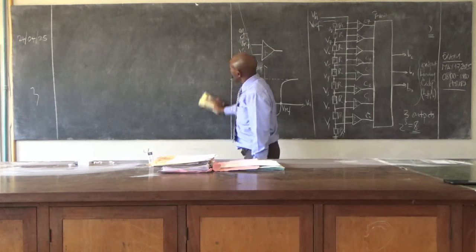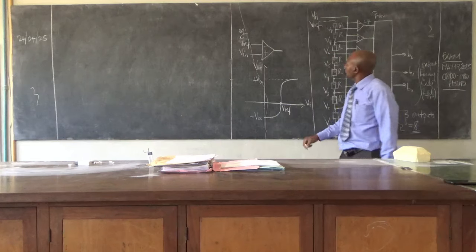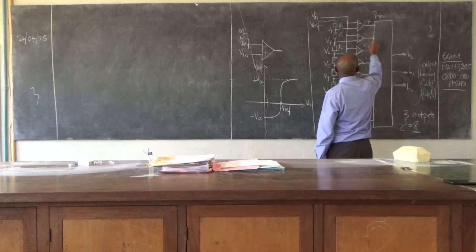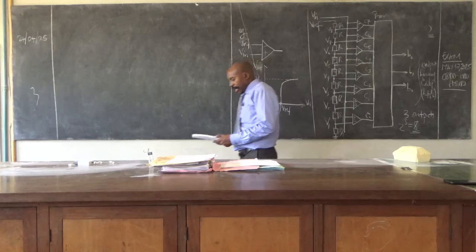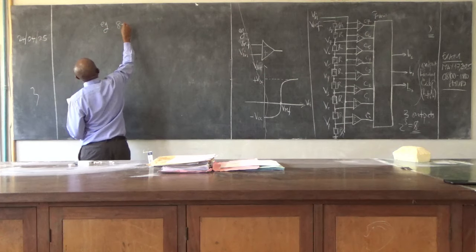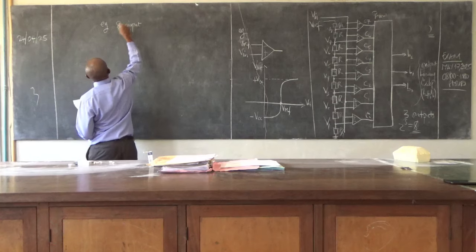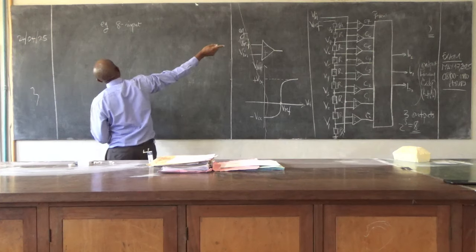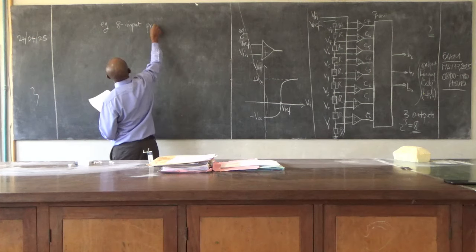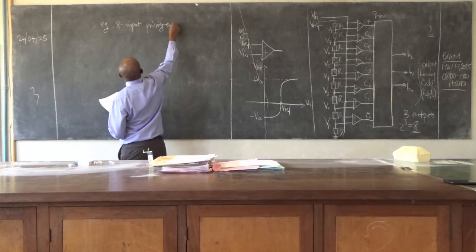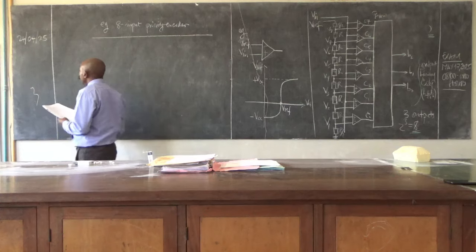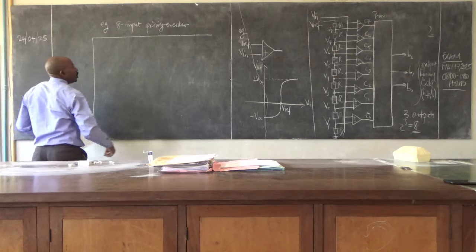So it gives priority to the requested input. So I still want to have the C3, C5, C6. E.g., we look at an 8 input, which ends up having a 3 output binary code. So an 8 input priority encoder. We got a table, and then we shall have the comparators in a sequence.